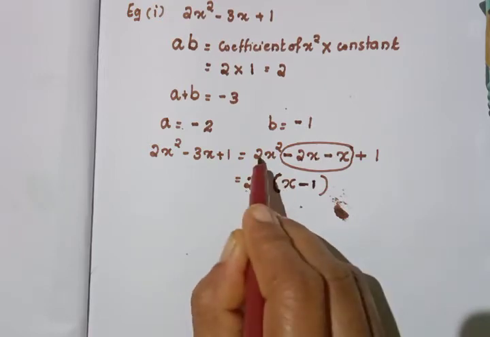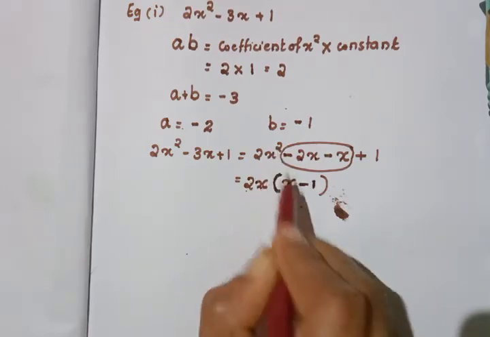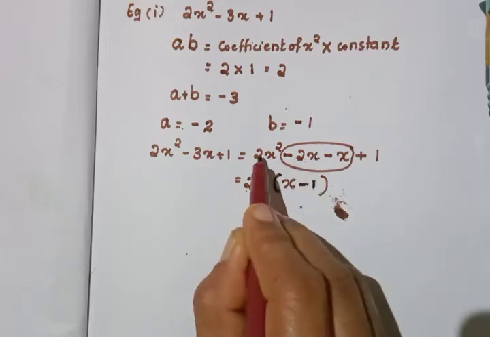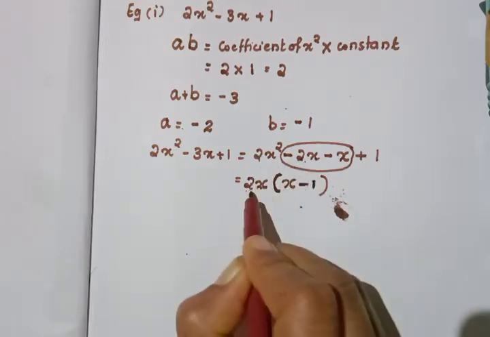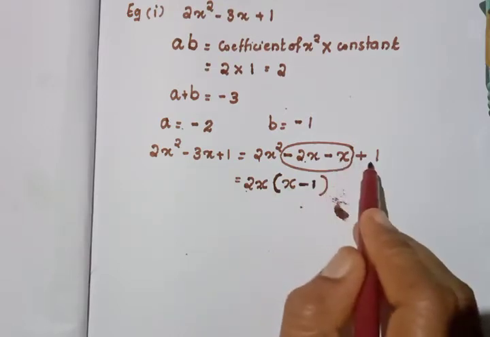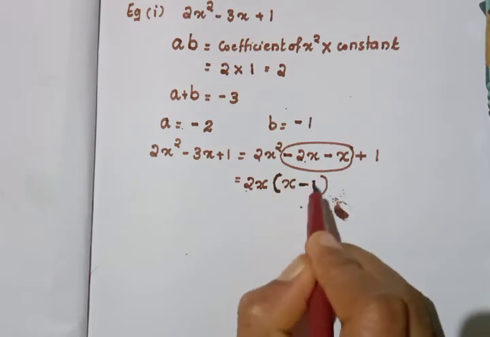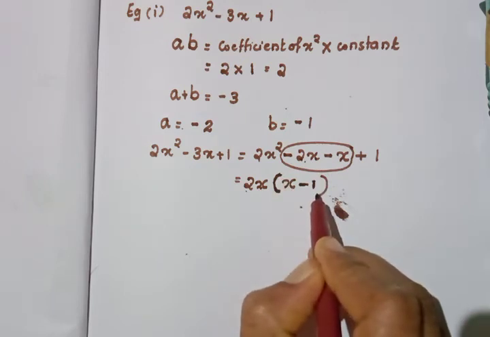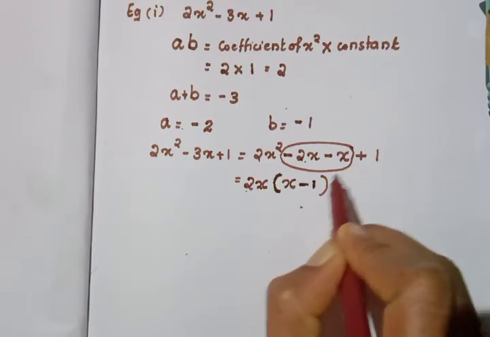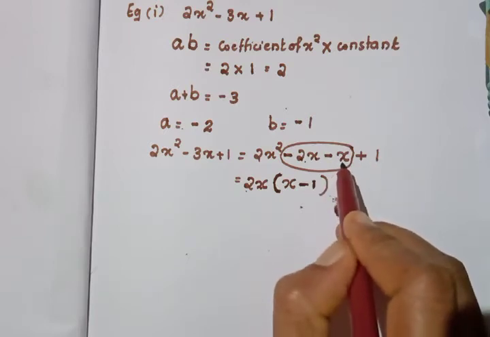Just multiply now: 2x into x, you are getting 2x square, minus 2x into 1 is 2x. So from these two terms we took 2x outside. Here there is nothing to take out, but see, inside the bracket you got x minus 1, so here also we need x minus 1. What changes can you see here?